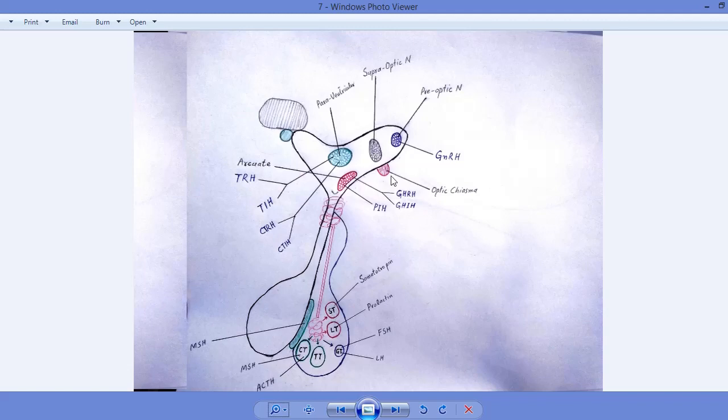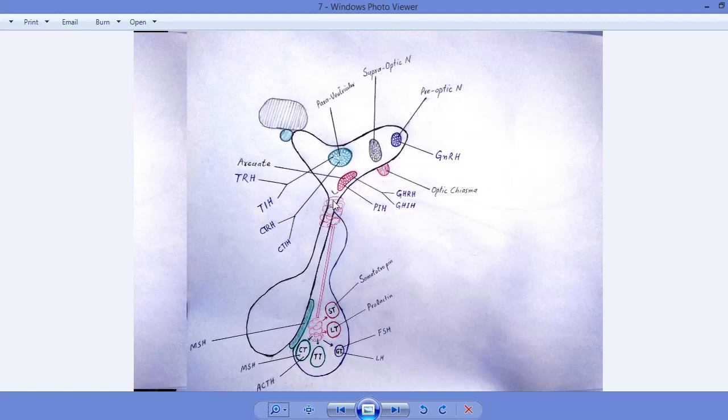So first of all, coming to the preoptic nucleus. This preoptic nucleus is responsible for the secretion of gonadotropin releasing hormone. The gonadotropin releasing hormone is secreted towards this bunch of capillaries.